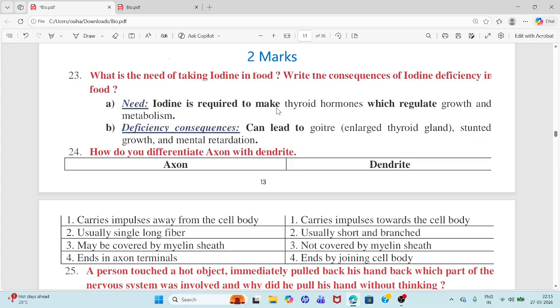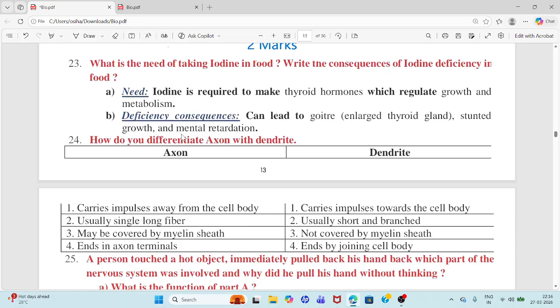Iodine is required to make thyroid hormones, which regulate growth and metabolism. Deficiency consequences can lead to goitre, meaning enlarged thyroid gland, stunted growth and mental retardation. So these are the needs and deficiency consequences.